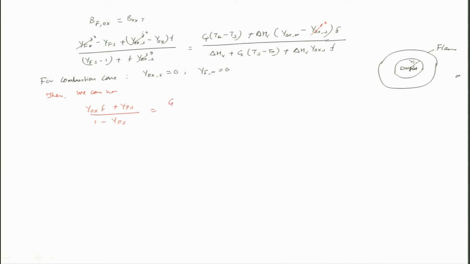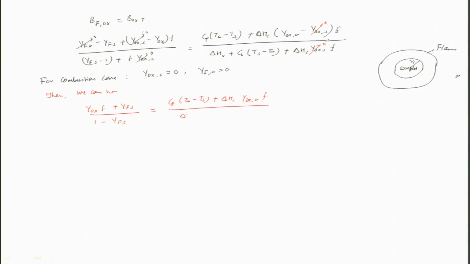Then I will get Cp (T infinity minus Ts) plus delta Hc Y oxygen infinity F divided by, of course, I can write down, this will be oxygen at the surface, this will be 0, right.